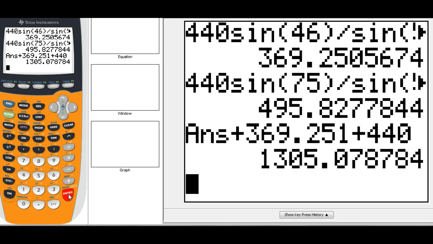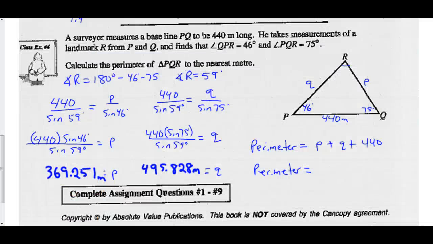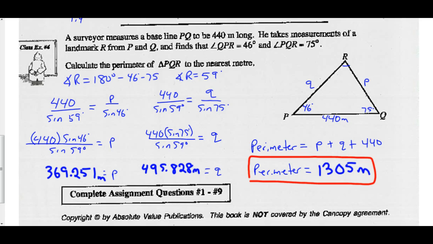And we should get 1305.08, and then we'll set it to the nearest meter, so 1305. This perimeter is 1305 meters. Excellent. So we use the sine law twice, once to find P, once to find Q, and then we just add that all together to get our perimeter. Add up the sides of the triangle.